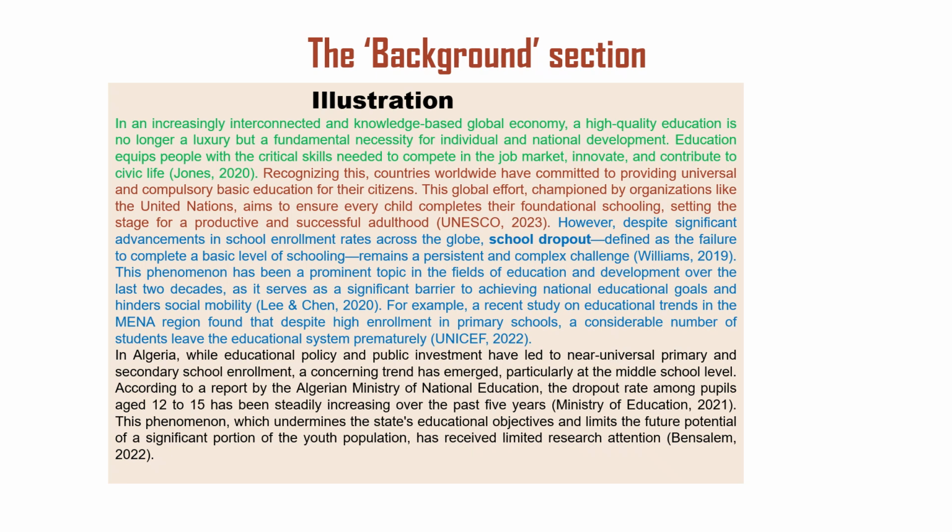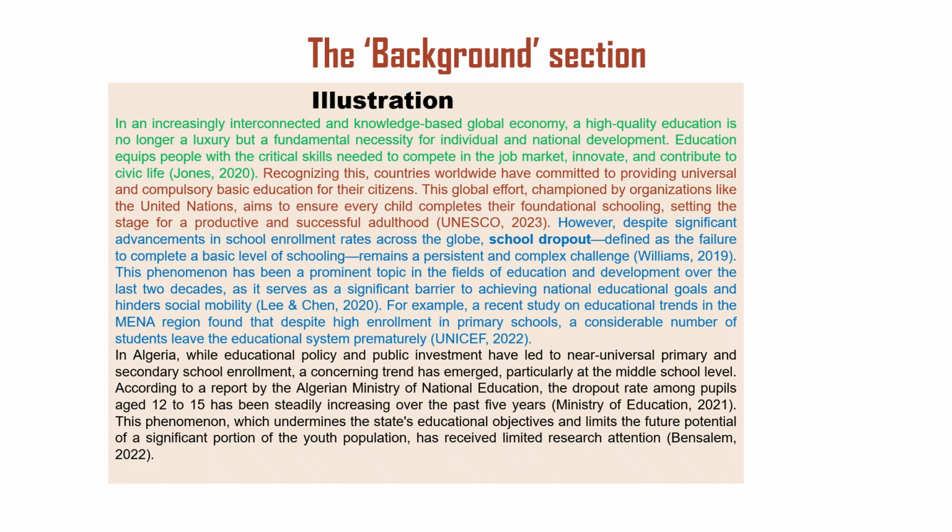While educational policy and public investment have led to near universal primary and secondary school enrollment, a concerning trend has emerged, particularly at the middle school level. According to a report by the Algerian Ministry of National Education, the dropout rate among pupils aged 12 to 15 has been steadily increasing over the past 5 years.